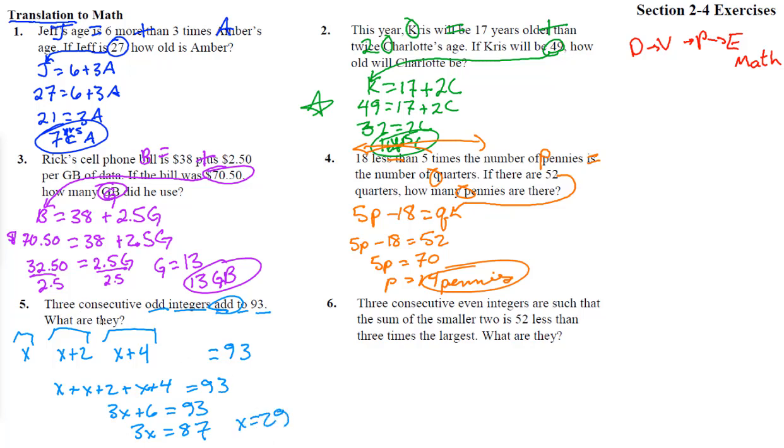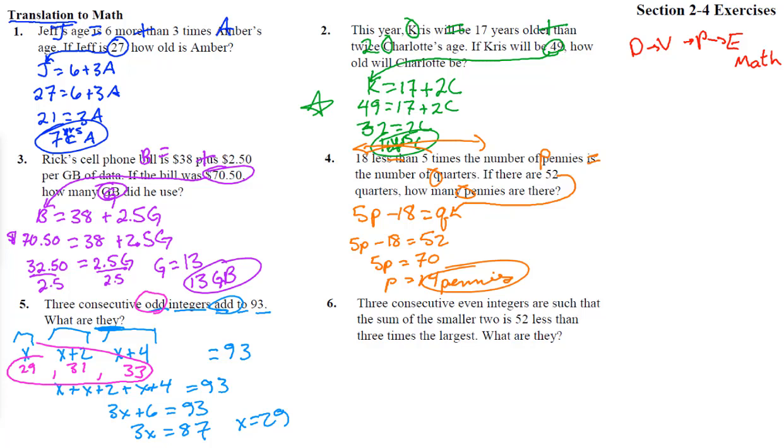But notice, we need all three numbers. So if we stick this back in, 29 here, then this one has to be 31, and that one is 33. Excellent. Those are the three numbers. And look at that, we did it. Consecutive odd integers. If they were not odd, we would have just done x plus 1 and x plus 2.